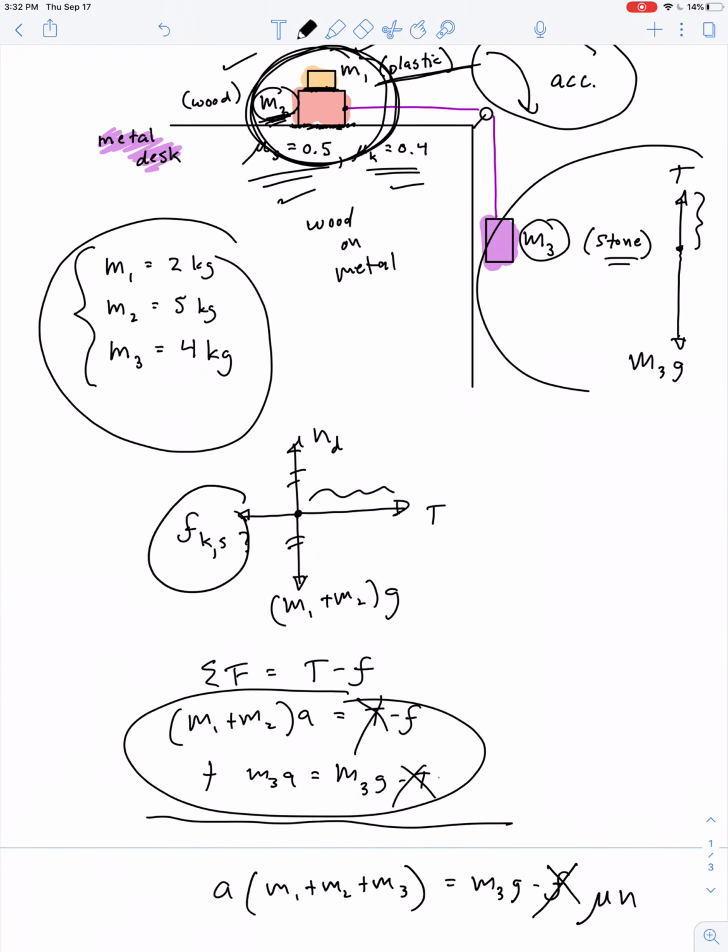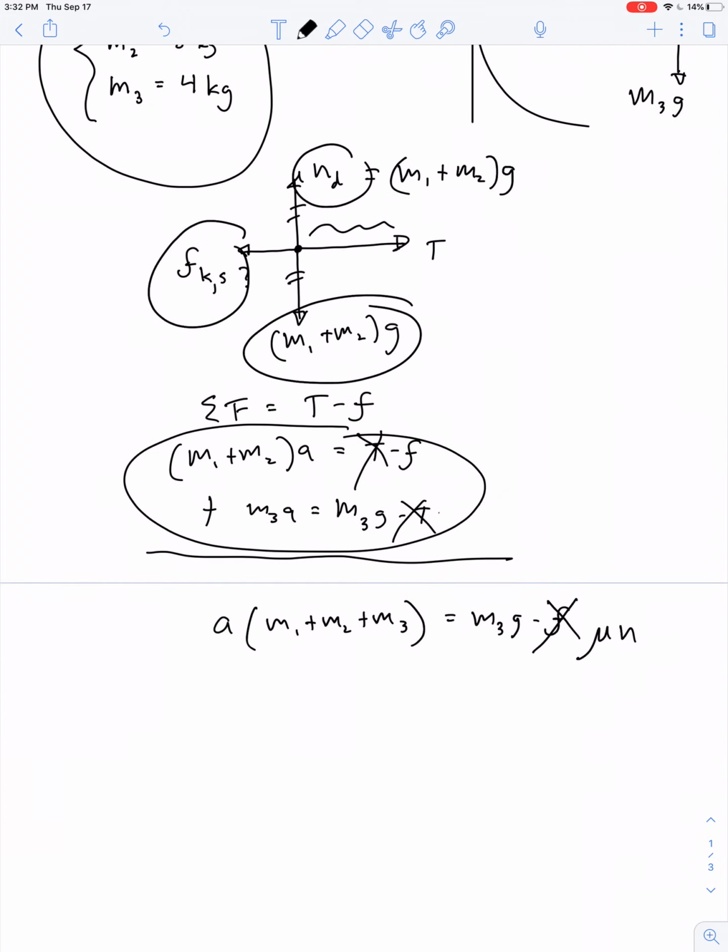It was here, where the normal force along the positive y-axis has to cancel out M1 plus M2 quantity times G along the negative y-axis. So we can make that substitution. So A times the mass of the whole system, M1 plus M2 plus M3, is equal to M3G minus mu times quantity M1 plus M2 times G, mu times normal force.